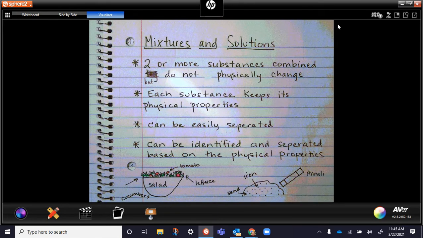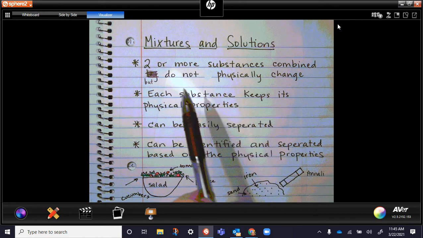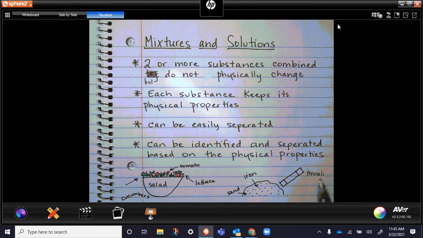Like if you take wood and burn it and you get ashes, that's creating new matter. A gas is released, or heat or light is created, like a firework. These mixtures do not change, so they keep their same physical properties: color, size, density, magnetism, all of that stays the same.